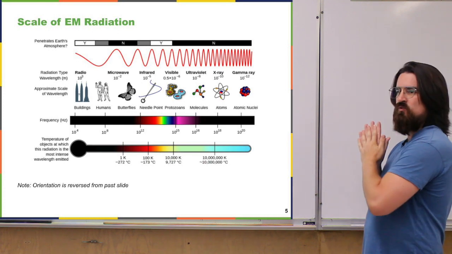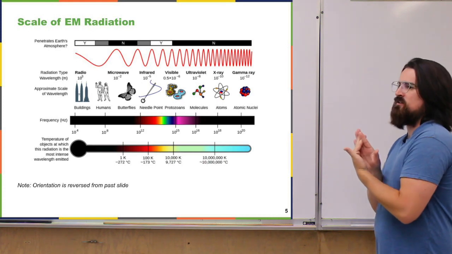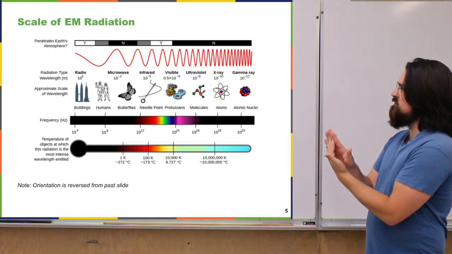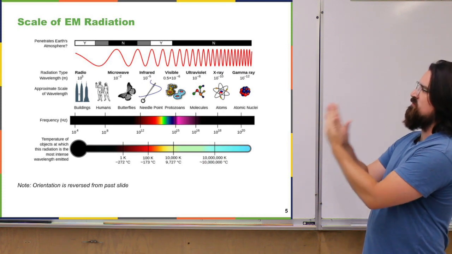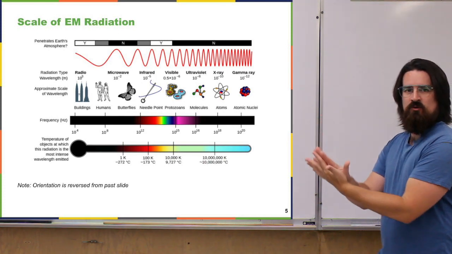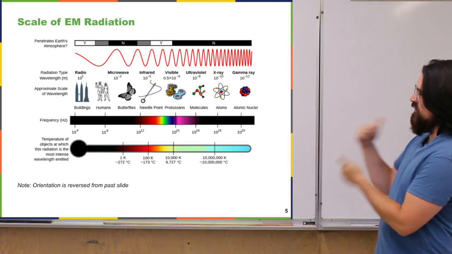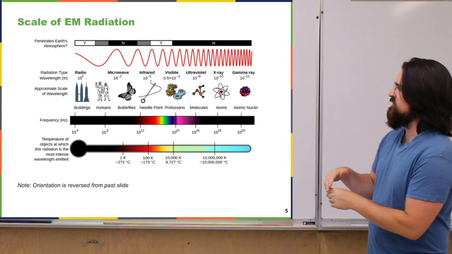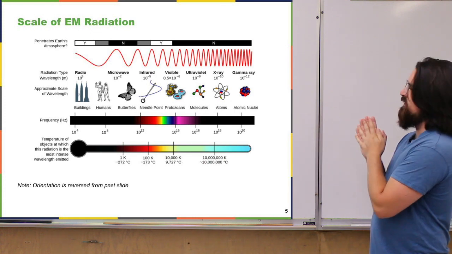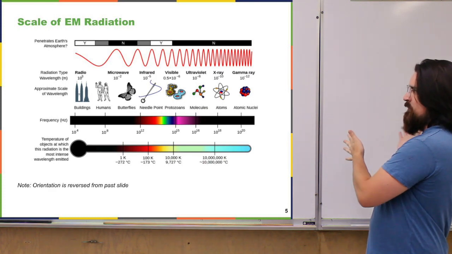But if you go to a longer wavelength, lower frequency of light, you get to infrared light. If you keep going to longer wavelengths, then you get to microwave, and then to radio waves. So there's just longer and longer wavelengths of electromagnetic radiation. On the other side of the visible spectrum, we would get ultraviolet light. Then if you go to shorter wavelengths than that, you get X-rays, and even shorter, gamma rays.